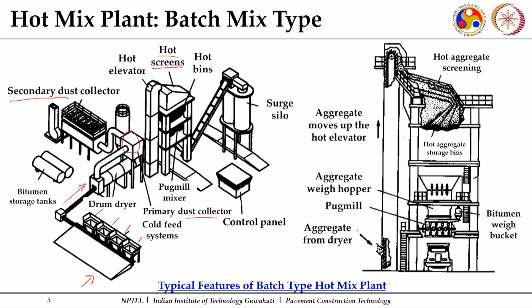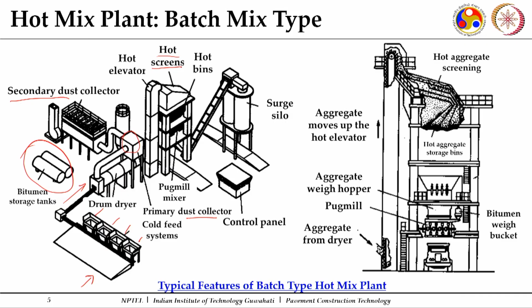Now they are heated up, so they are stored in hot condition in the hot bins, and finally it goes to a pug mill mixer, where the required quantity of binder, which comes from your bitumen storage tanks, gets added to your aggregates in the pug mill. For a particular lot, which may vary depending upon the capacity of that hot mix plant, specifically the pug mill, an adequate amount of binder will be added and mixed in the pug mill.